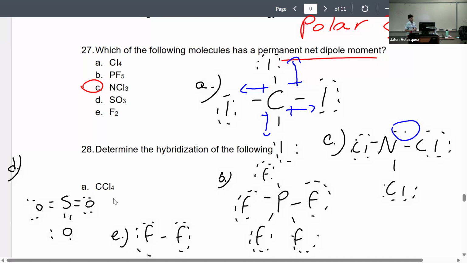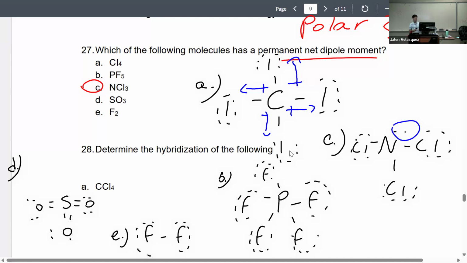And then F2 we know is purely covalent. So any questions why the answer here is C? Yeah, good question. Not really. They're all going in opposite directions, all going away, so it's all canceling out, right?